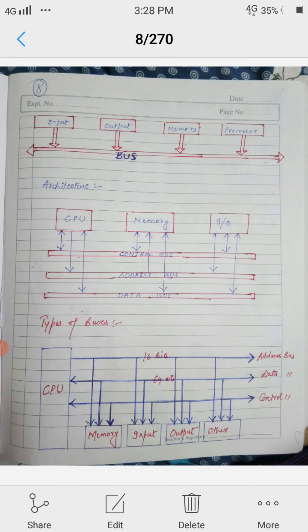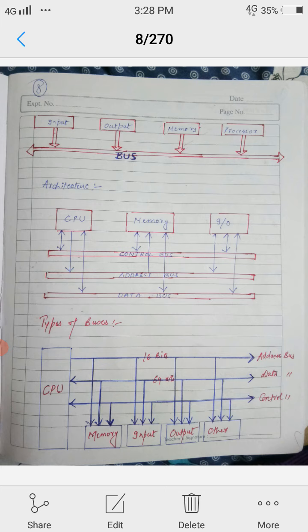Next, the diagram is given in which the different functional units of the computers are connected with a bus. Next is architecture, in which the various functional units of the computers like CPU, memory, input-output devices, which are the peripheral devices, are connected with the different types of buses.